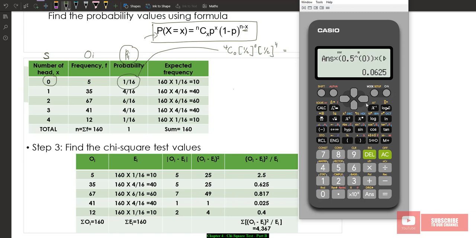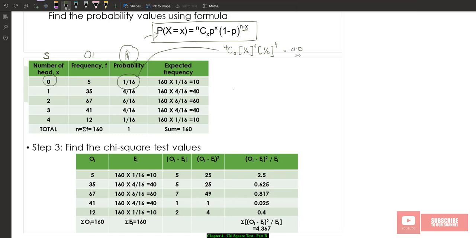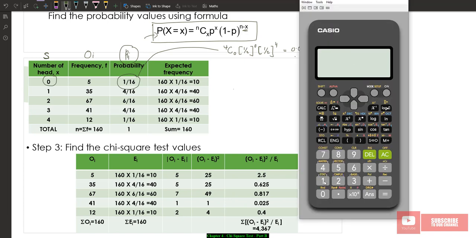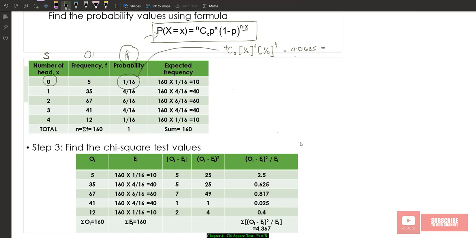You should get 0.0625. So this is also equal to 1/16.